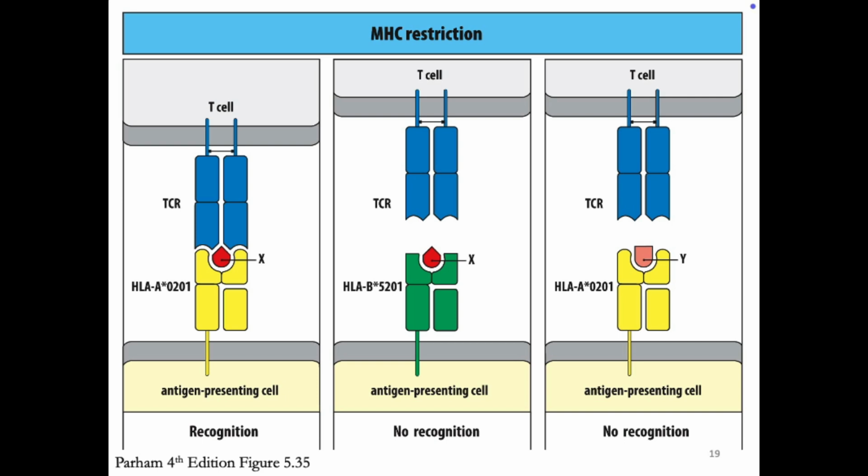We saw that T cells had to recognize both the correct MHC molecule and the correct peptide in order for that T cell to work, which could mean destroying stuff, like destroying the kidney. If the MHC is wrong, T cell doesn't work. If the peptide is wrong, T cell doesn't work, is how we've talked about this before.